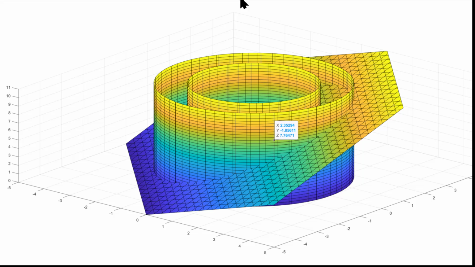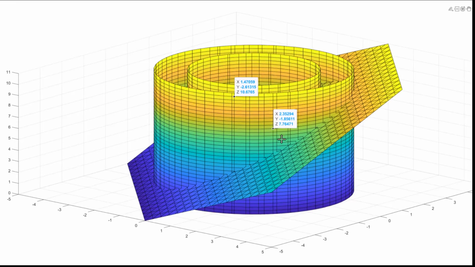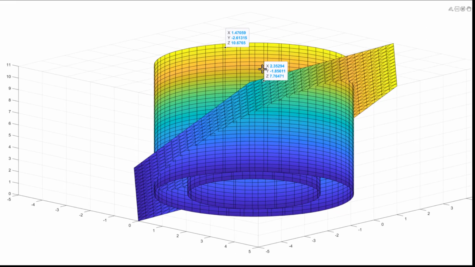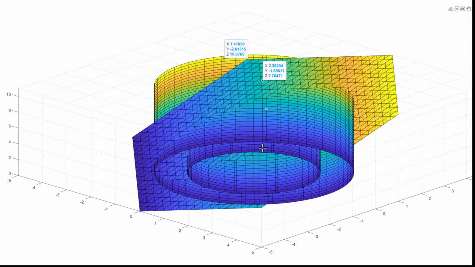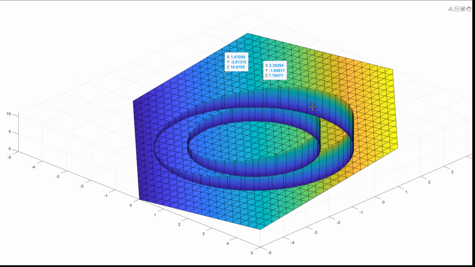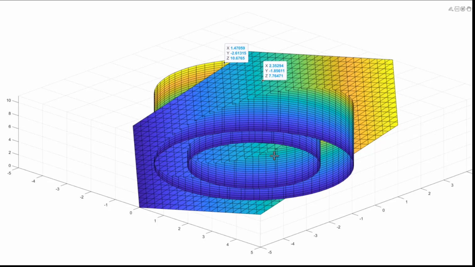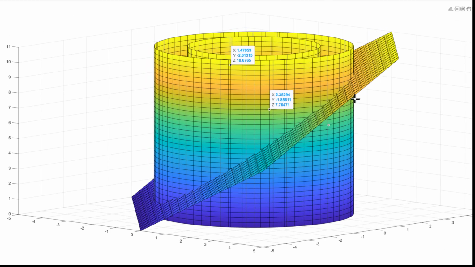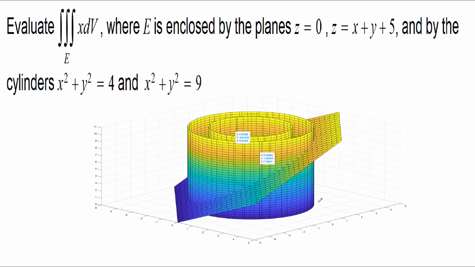So now we have this view of the graph, and you can see on the lower side it is bounded by the z equals 0 plane as was given. The walls are the cylinders and the top side is the plane. So as I said, the bottom is this plane, z equals 0, right?